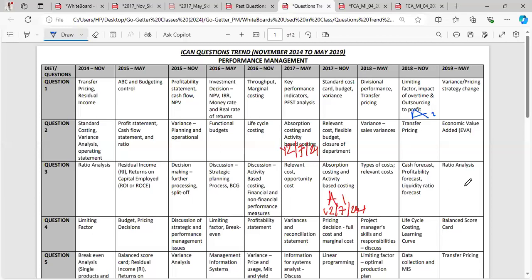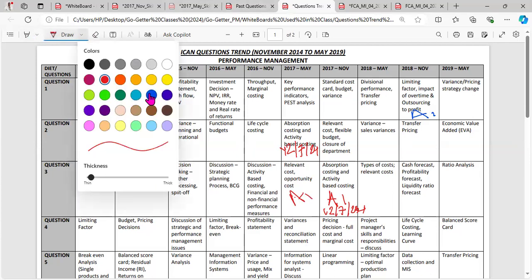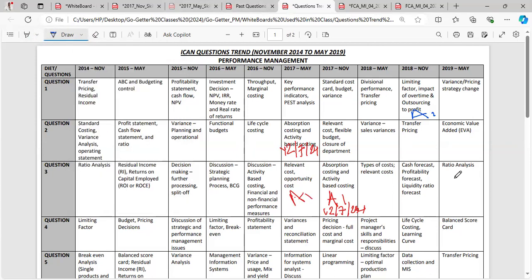Okay, we've done this relevant course. Let me take note of it that we've done this relevant course. So done that. Let's see another limiting factor. Yes, we have another one here. Limiting factor. Then we have another limiting factor.